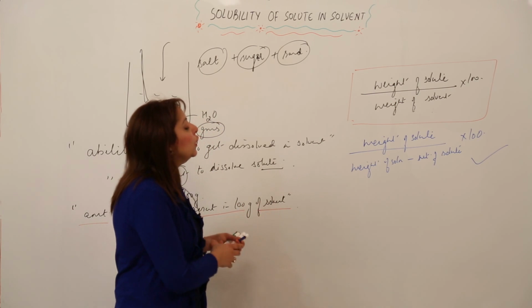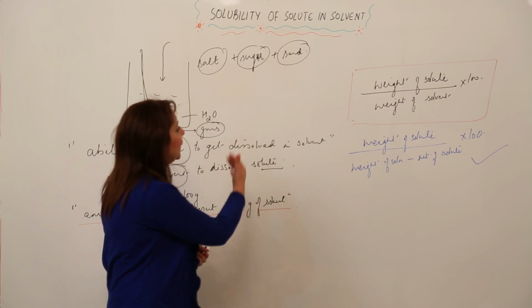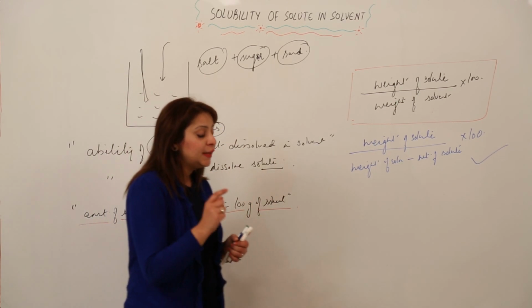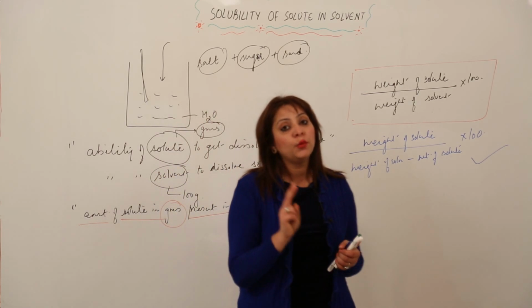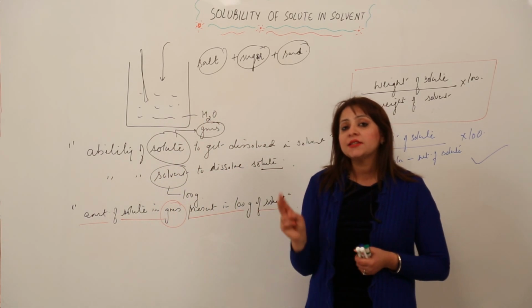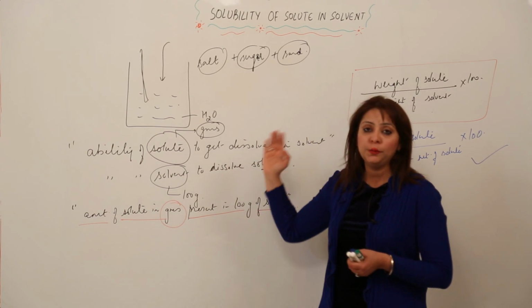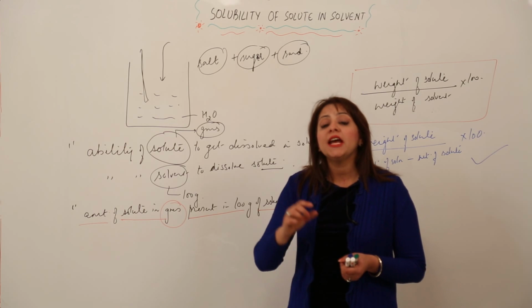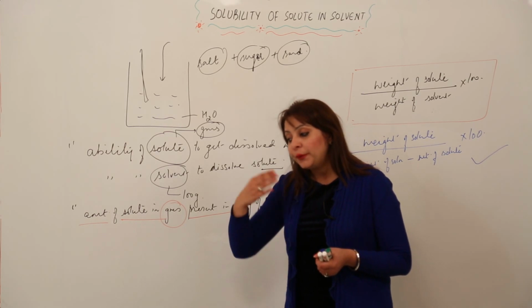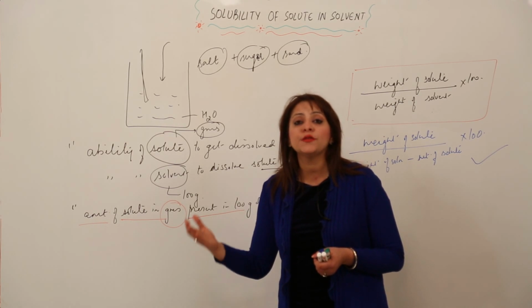This is what we mean by solubility. Just keep in mind, concentration and solubility are two different things. Yesterday, in the previous topic, we did concentration, and now I am doing solubility. Concentration means the amount of solute present in a given mass of solvent.